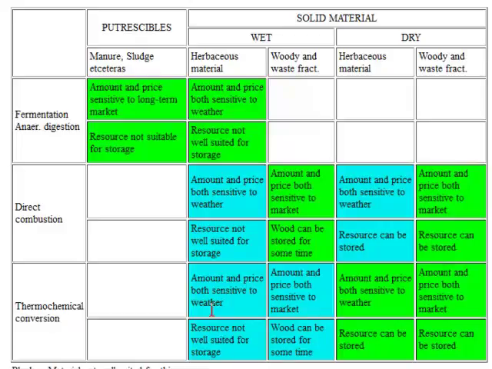Wet materials are not very well suited for thermochemical conversion, as was already pointed out. The efficiency in the thermochemical conversion processes will suffer from a high moisture content. So to be suitable for thermochemical conversion, the materials have to be dry.